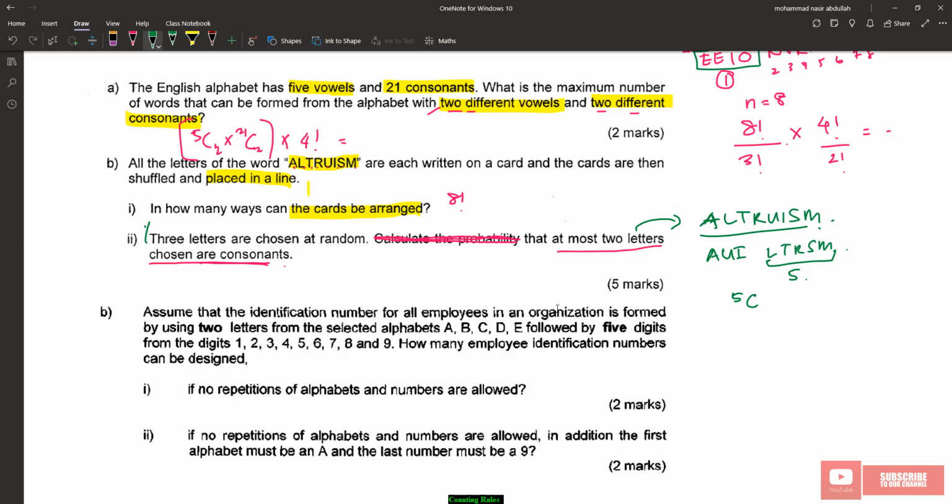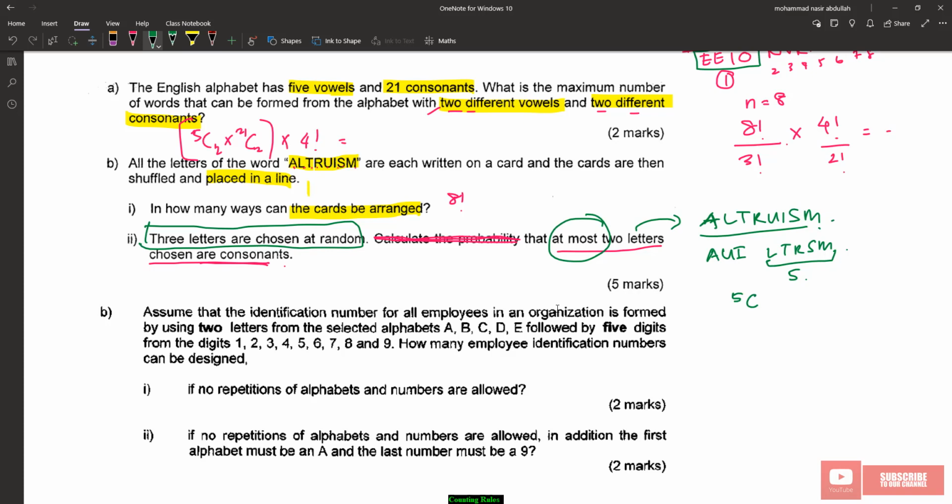But before that, it says here 3 letters are chosen at random. It means we choose 3. At most, the most is how many? 2 letters that are consonants. It means either 1 consonant, 2 consonants or 3 consonants. At most, look at the word at most. This is the word that you need to know. At most, at least, and, or, in mathematical words, right?